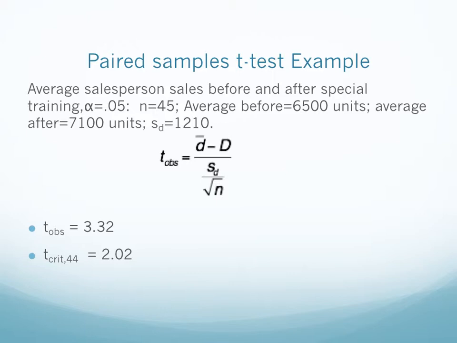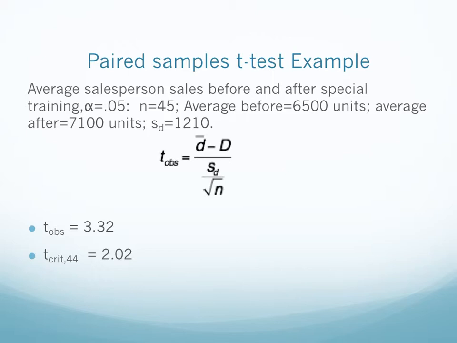So we calculate our t observed. Remember, we're hypothesizing no difference, so capital D is 0. The average difference is 7,100 minus 6,500. The standard deviation is 1,210, and of course we have an n of 45. So t observed turns out to be 3.32.